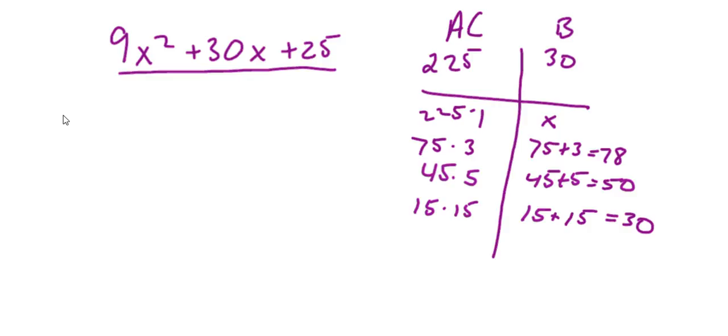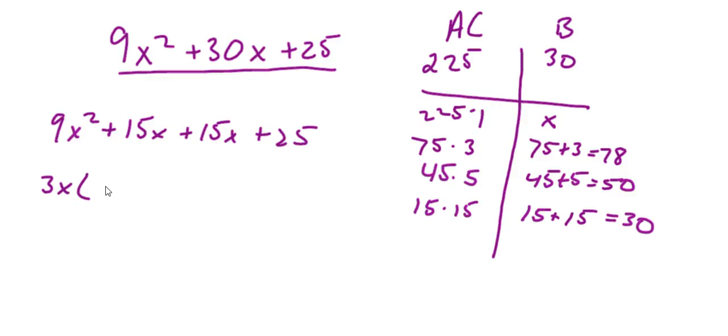So we're going to have 9x squared plus 15x plus 15x plus 25. We're going to factor out a common thing. We have 3x here, which leaves 3x plus 5. Over here, we factor out a 5, and guess what we have? 3x plus 5.